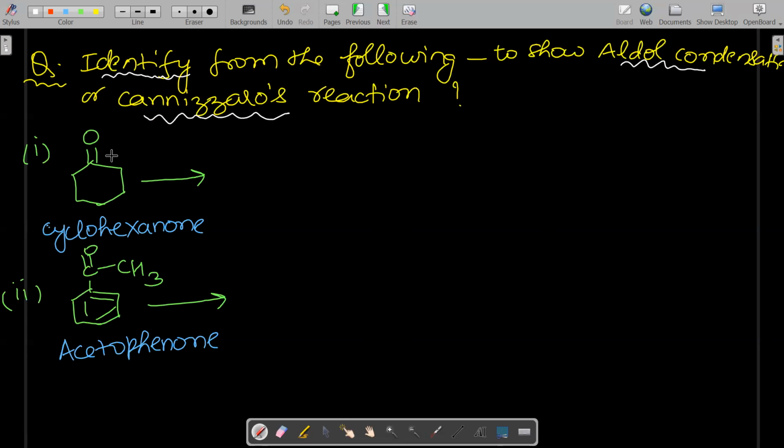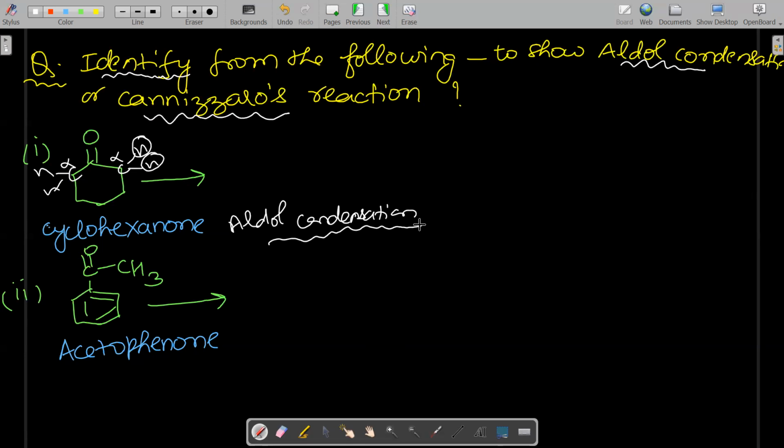First, you have to check the CO group and the alpha hydrogen. Now you can see there are two carbons and both carbons have hydrogen. So these two carbons are alpha carbons having alpha hydrogen present. So obviously this cyclohexanone undergoes which reaction? Aldol condensation reaction, right?